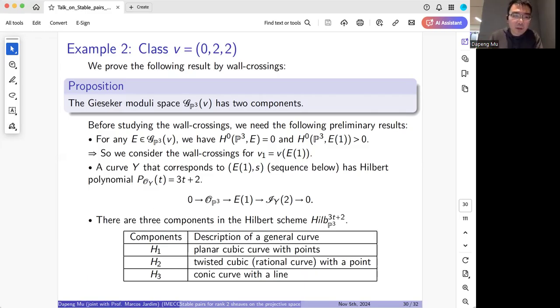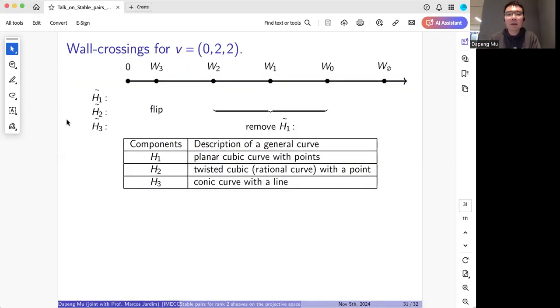For H1, it parameterizes a planar curve with points, as I showed before in the third wall result. So this component will be removed, and the remaining 2 components survive the wall crossing. These are basically the 2 components in the Gieseker moduli. Altogether there are 5 walls. Briefly, this is the wall crossing.